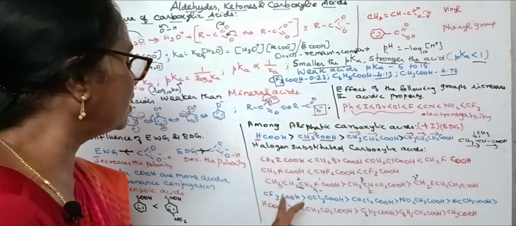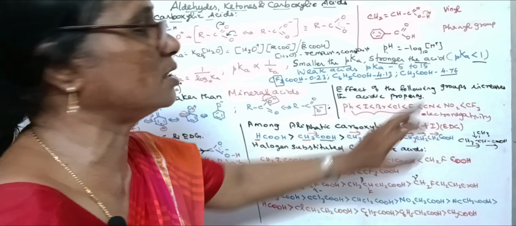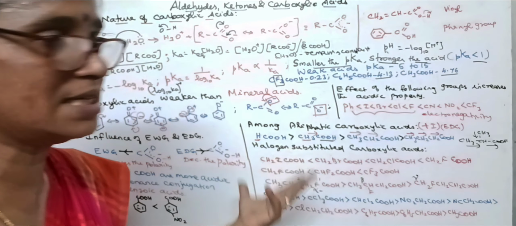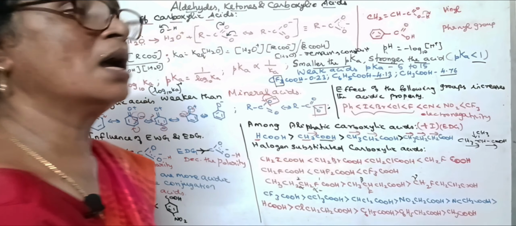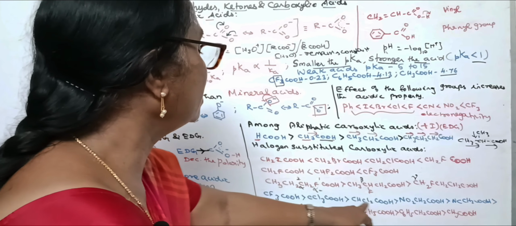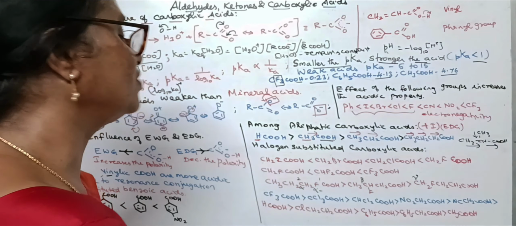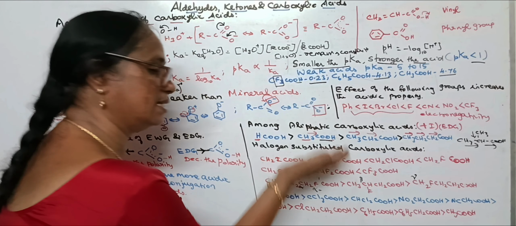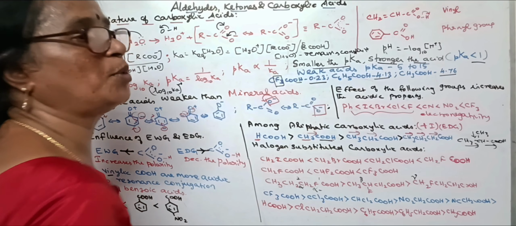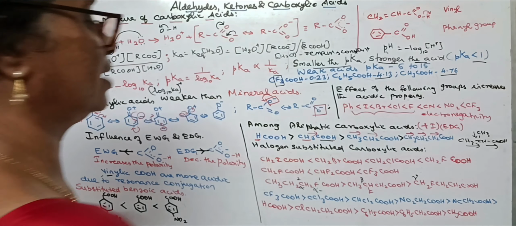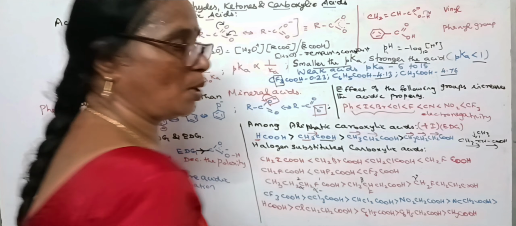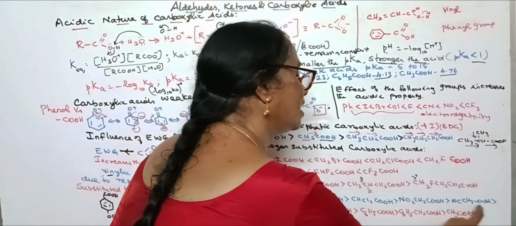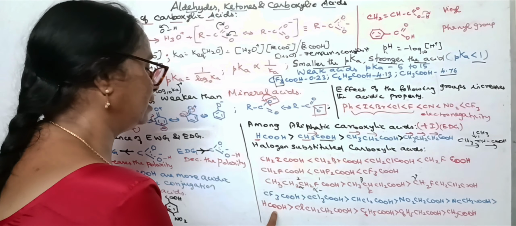After fluorine, chlorine is the most electronegative and that too present thrice, so this becomes more acidic. And here dichloroacetic acid. After that we are getting NO2. So the greater the number of halogens, the greater the acidic property. And then nitroacetic acid, this is cyanoacetic acid, here it is formic acid.